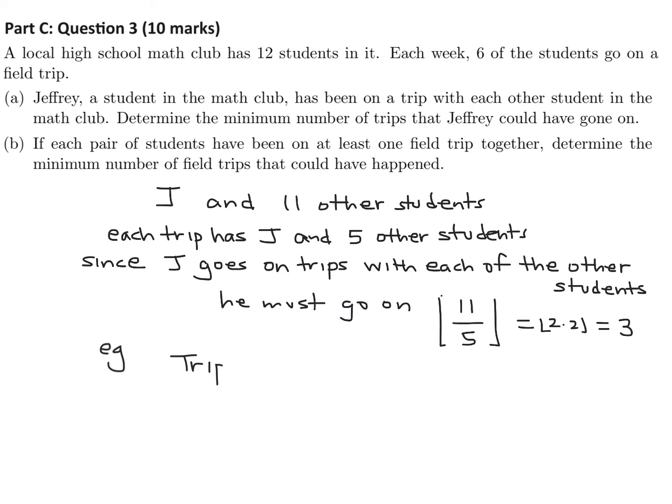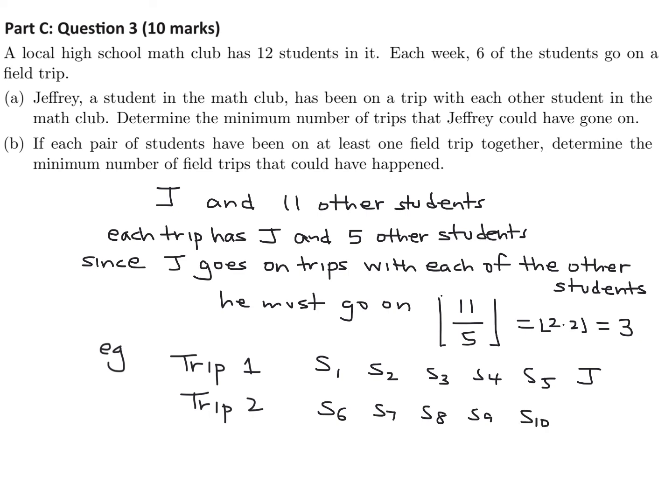So let's see. Trip 1. Let's say the first 5 students, S1, S2, S3, S4, and S5, and Jeffrey. So that's 6 students, right? Trip 2, so the other 6 would be S6, S7, S8, S9, S10, and Jeffrey.